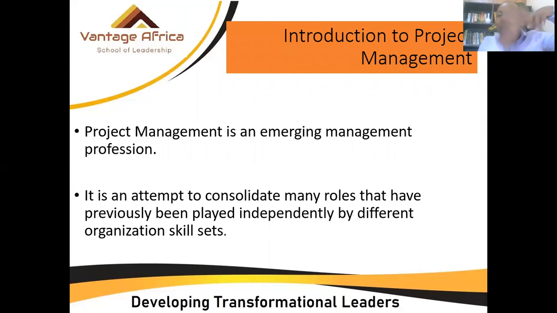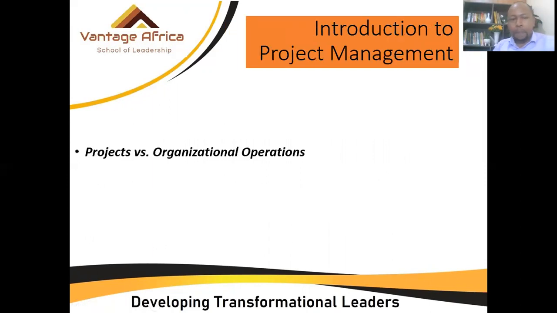You have something else under that project called project human resource, or people in project, as we will be calling it, and project procurement. So we are consolidating the roles that were being played independently within one umbrella term, which is project management. Okay, great. So that is a bit about project management.